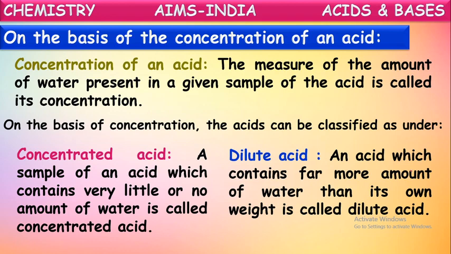If we take another example, if we take 1 liter of acid, in that the quantity of acid is 200 ml and the remaining 800 ml is water, then what is it called? Dilute acid, because there the quantity of water is very much larger than the quantity of acid. So that is called dilute acid. So in this way, based upon the quantity or amount of water present, acids are classified into two types: concentrated acids and dilute acids.